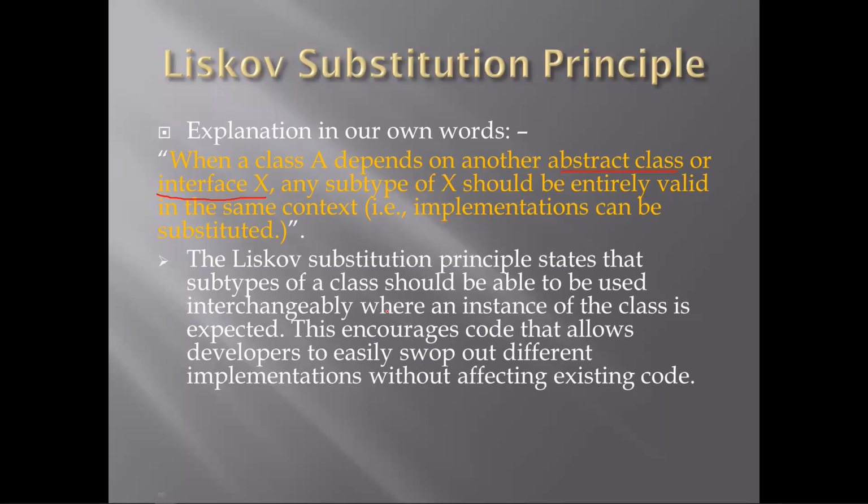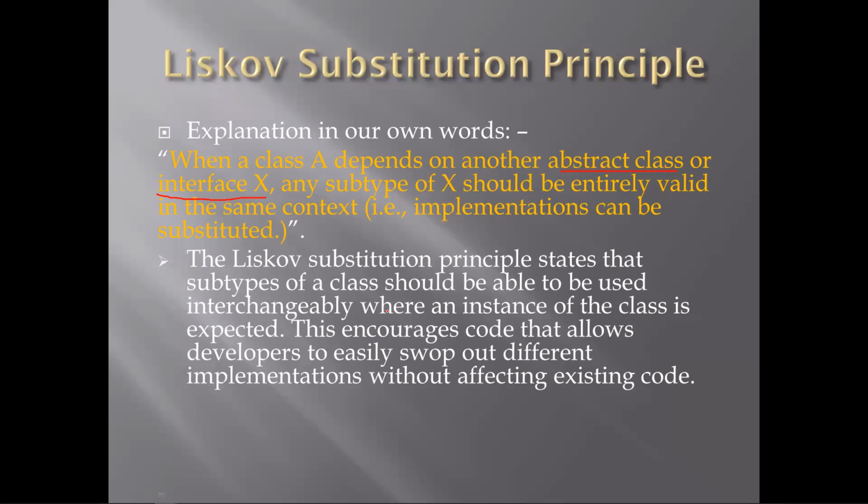Suppose initially it was using X1 and then in future you replace X1 with X2. It should not give you any error, and you should not need to make any changes in the existing code.